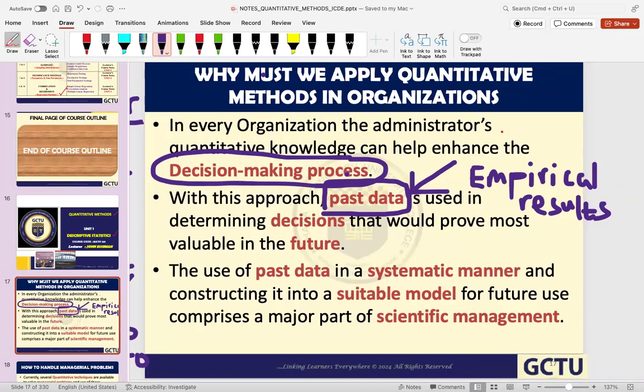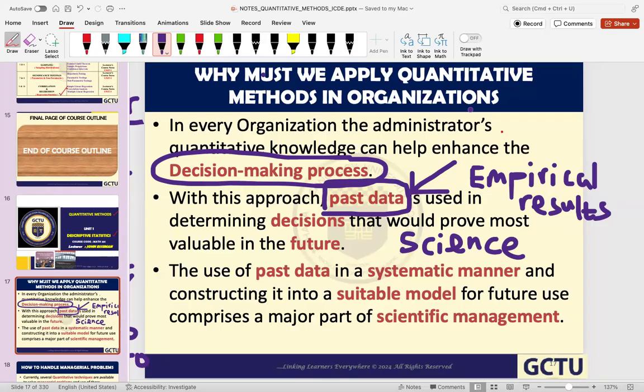When you do something like this, it means that you are applying some sort of science to your management. You are looking at the problem, and then you are trying to find a solution to the problem.